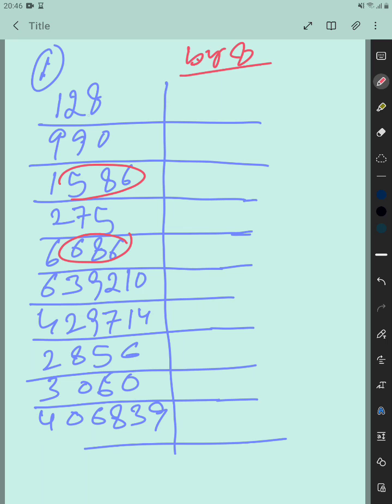So we'll test these also, because we need to find whether these numbers are divisible by 8 or not by dividing directly.